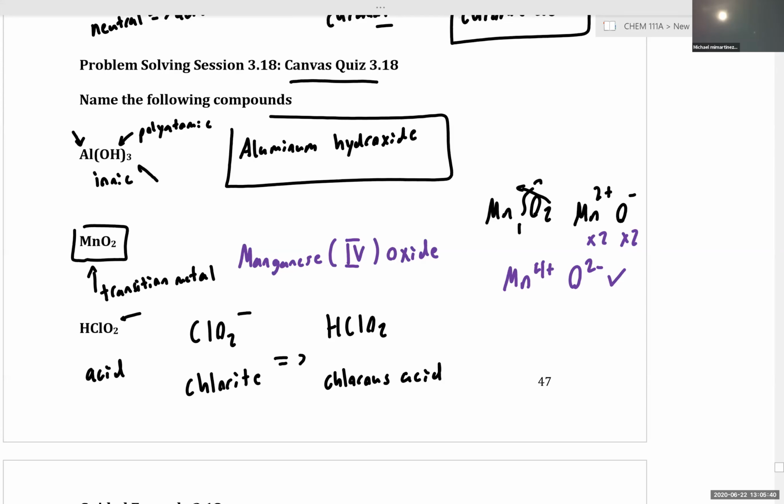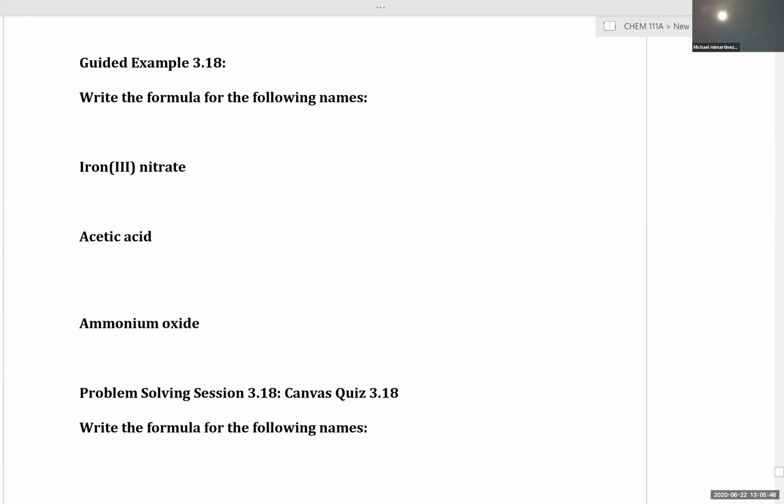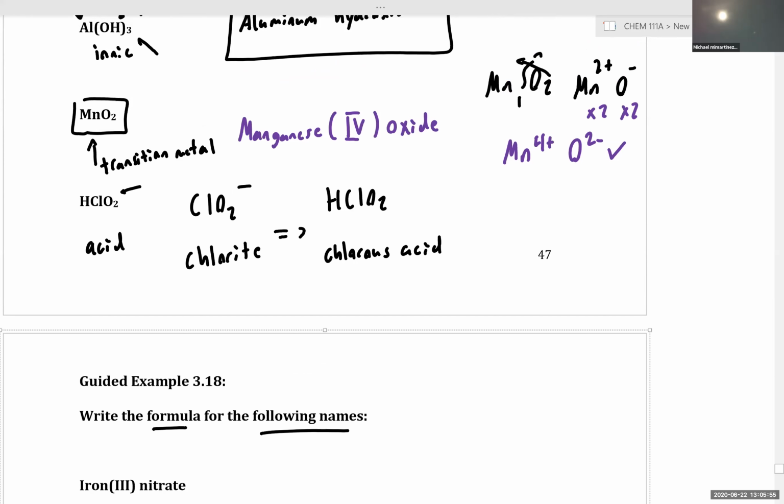Overall, the class did quite well on these. Let's do one last set of exercises, this time where we write the formula from the following names. So the reason why we don't put hydrogen is that the hydrogen prefix only occurs when you have a hydrogen containing polyatomic ion.